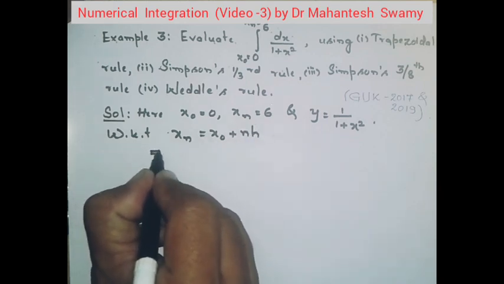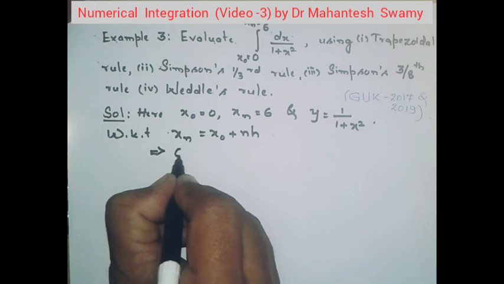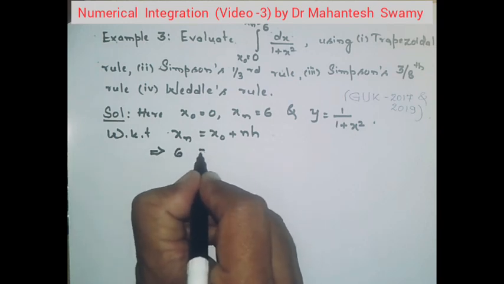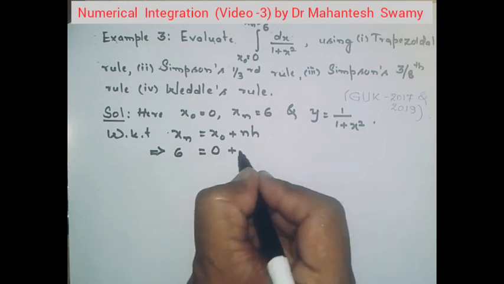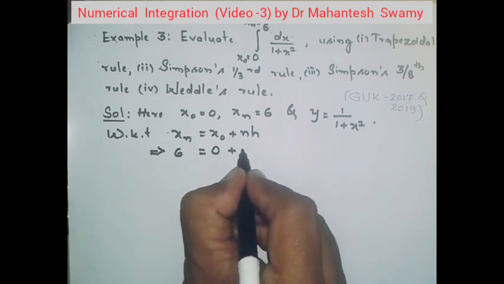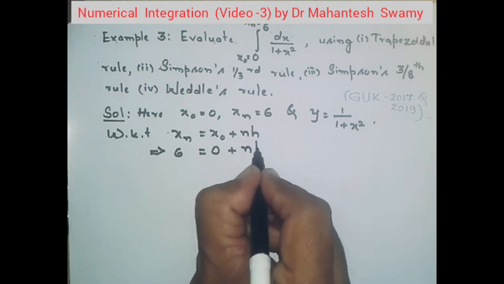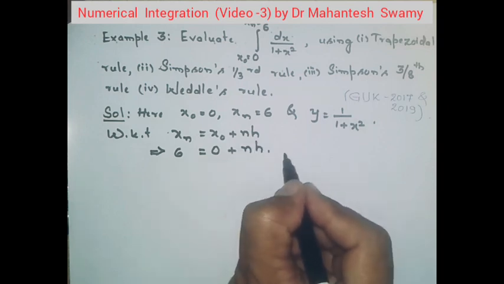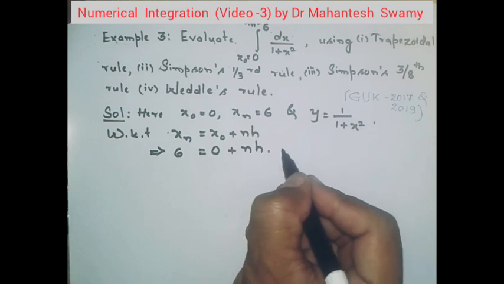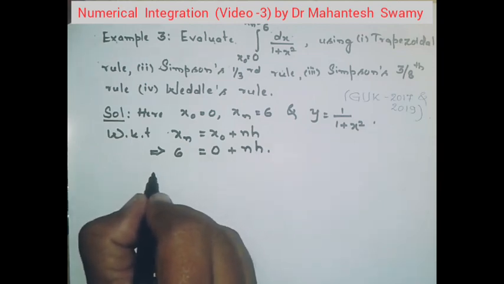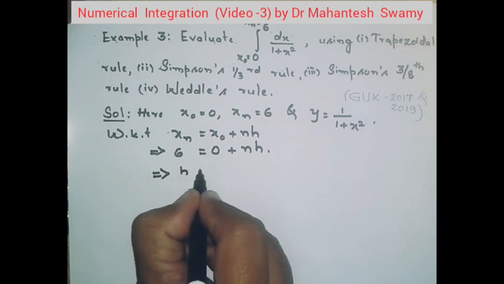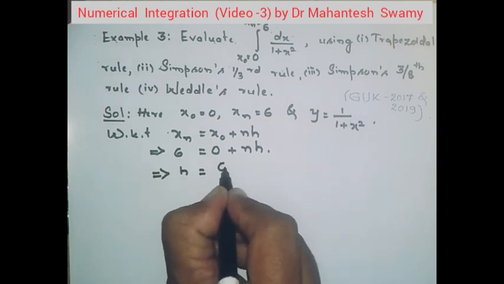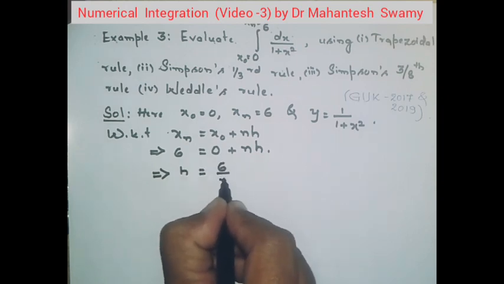So this implies xn is 6, x0 is 0 and n is unknown. In this case, h is also unknown. So this implies h is equal to 6 divided by n.